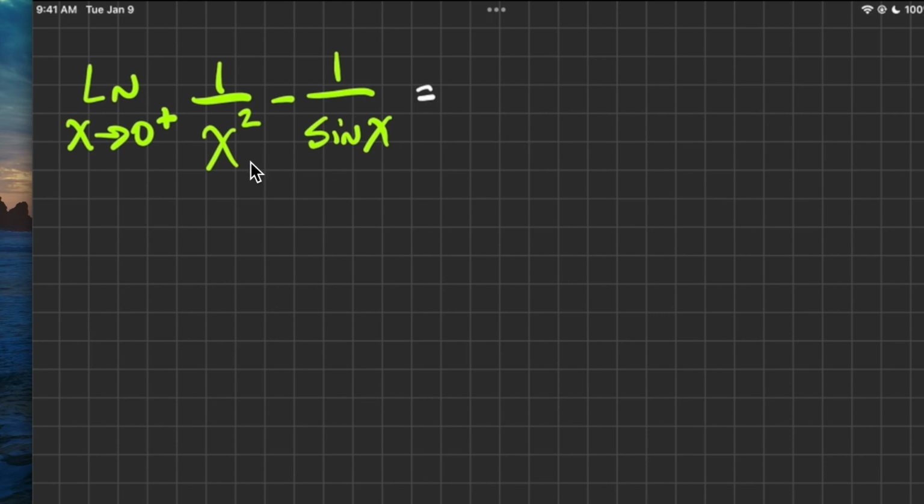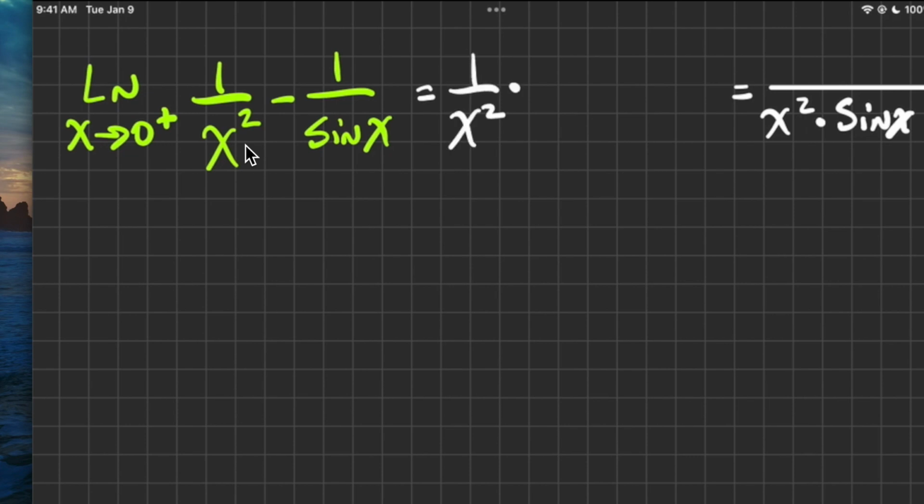So folks, we're going to have to combine these two fractions into one fraction. How do we do that? We're going to try to get a common denominator, and our common denominator is going to be the two original denominators multiplied by one another. So this is going to be our final common denominator in our answer. For the first one, which has x squared in the denominator, how do we get sine of x in the denominator? Well, we multiply 1 over x squared by 1, but the version of 1 is sine x over sine of x.